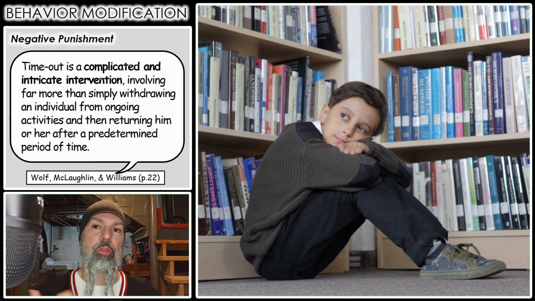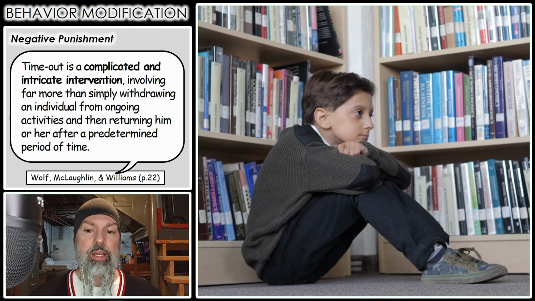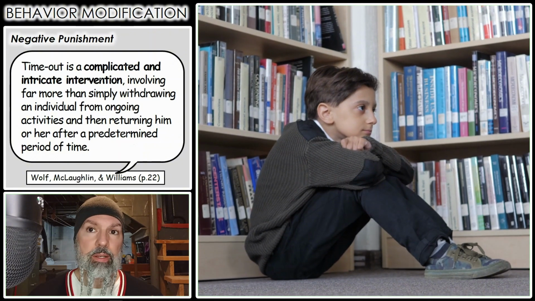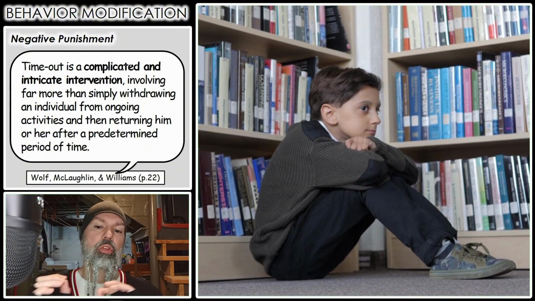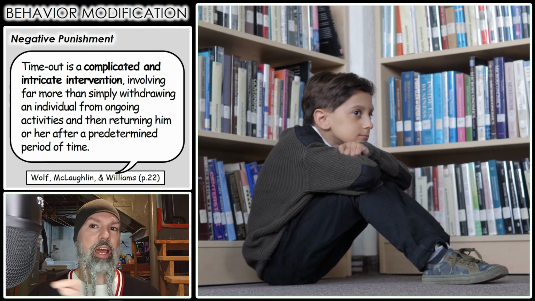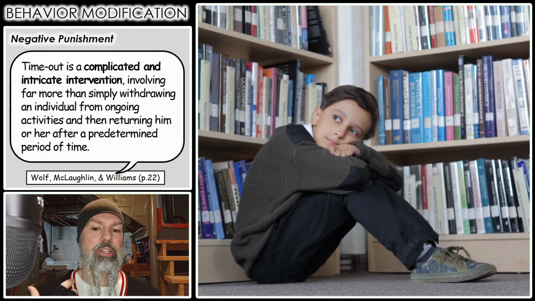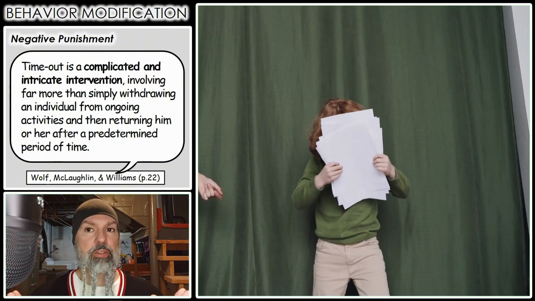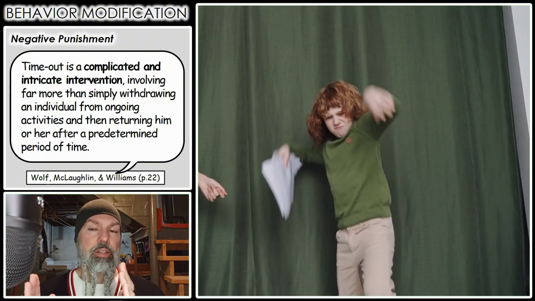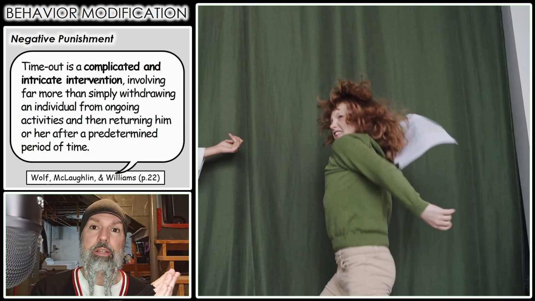Usually you want to start with less intrusive methods, such as differential reinforcement procedures and extinction procedures, and then you use timeout only if the evidence shows that those other strategies are failing. For example, a student who throws a tantrum during music class: you don't resort immediately to a timeout procedure.